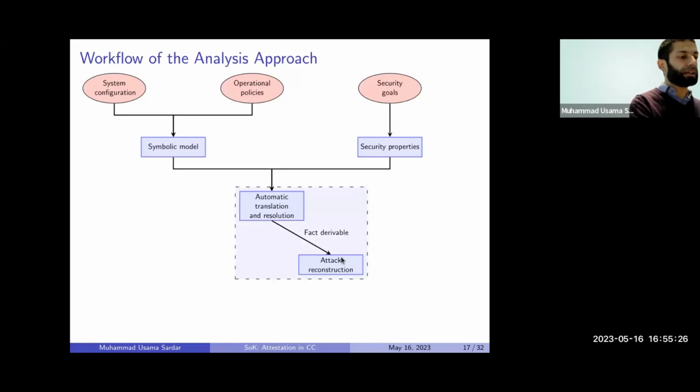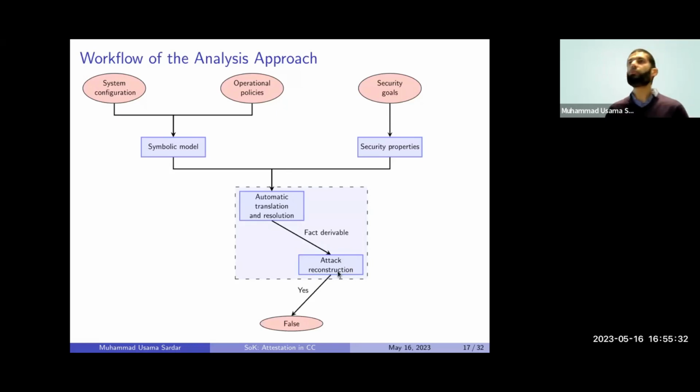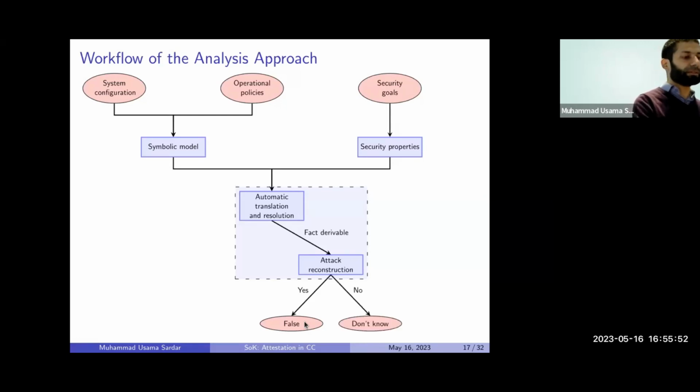This dotted box represents what happens inside ProVerif automatically. Now there are two possibilities: the attack reconstruction can either be successful or not. If it is successful, we have successfully found an attack, that is, the property is false for this specific model. And we then can analyze how to fix this attack.